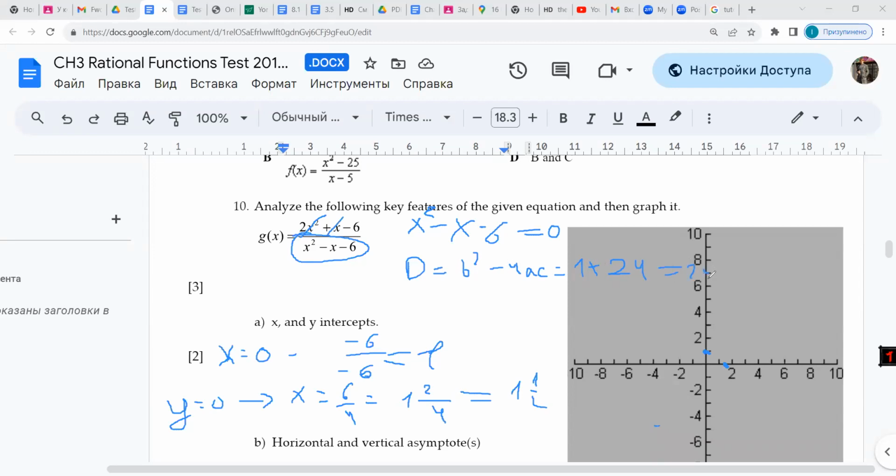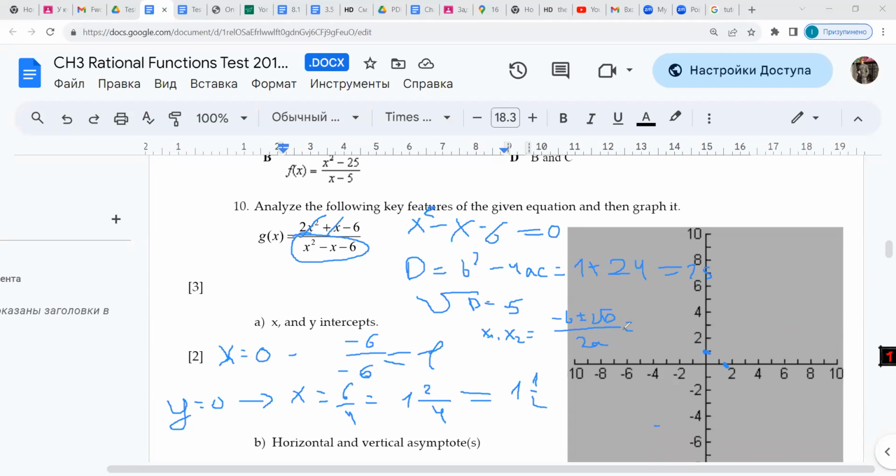which gives us 25. Square root of discriminant will give us 5, right? So x1 and x2 equal minus b plus minus square root of discriminant divided by 2a.